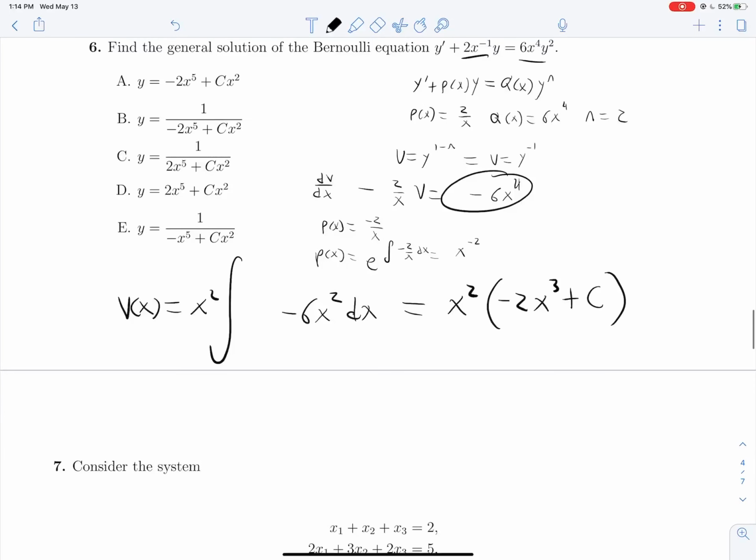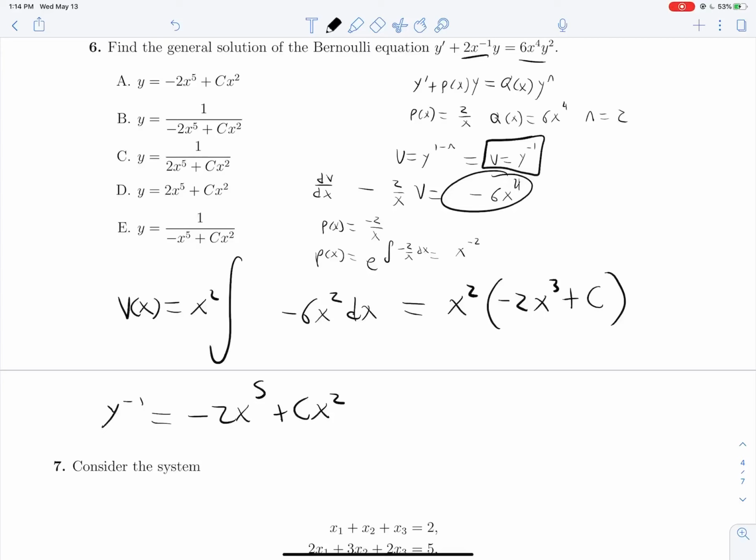Now we can't solve for this c because we're not given an initial condition, but we also aren't done yet because we're still in the v world. We need to unsubstitute this, and since our original substitution was v is equal to y to the negative first power, we can write our solution as y to the negative first power is equal to, and I'll distribute this x squared, minus 2x to the fifth plus c x squared.